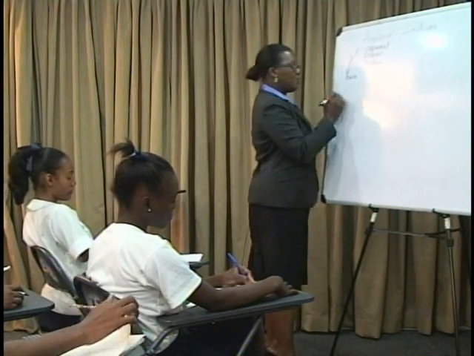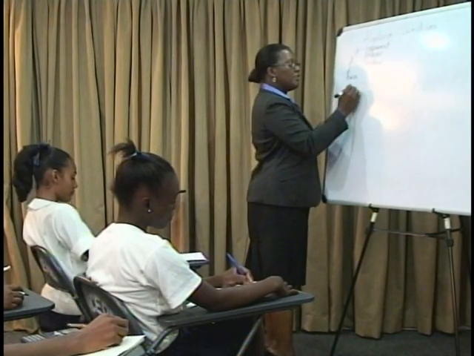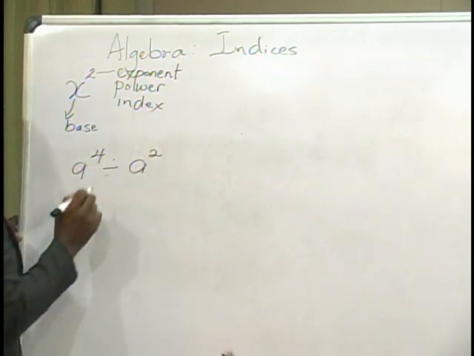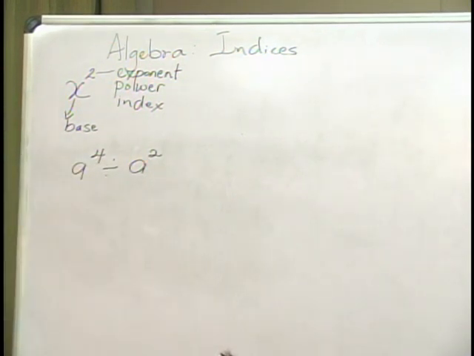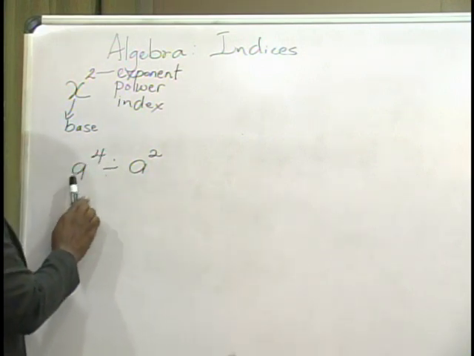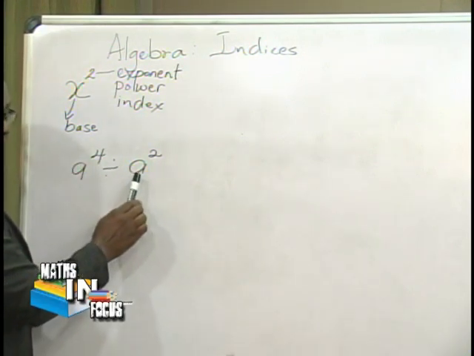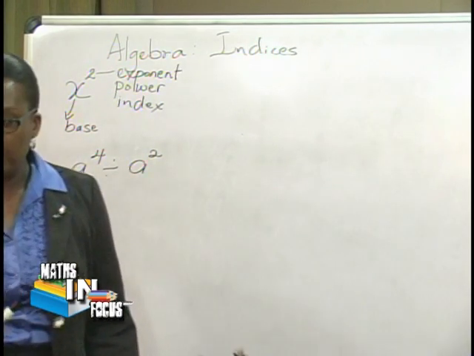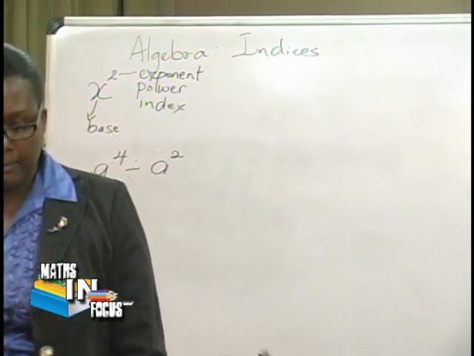In our third case, we have a to the fourth being divided by a squared. Now what I want you to do is to expand a to the fourth over a squared, and cancel off. And let me hear what you come up with.